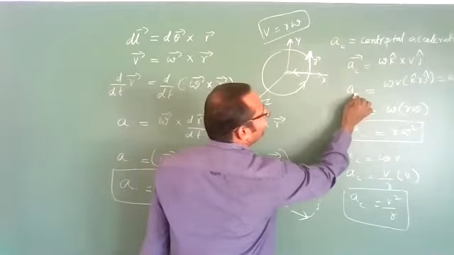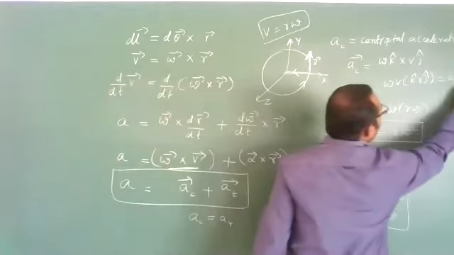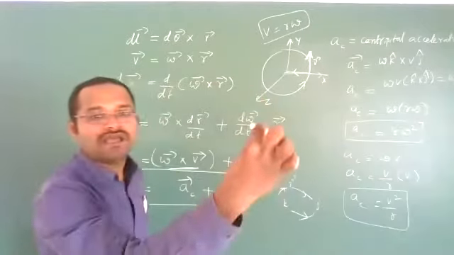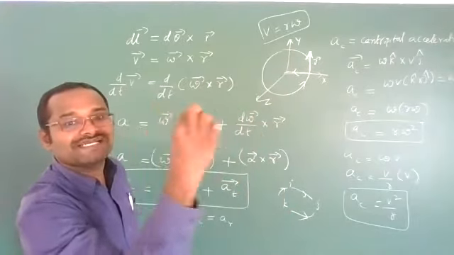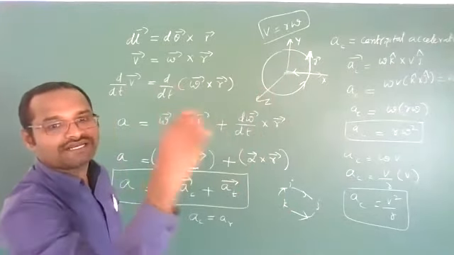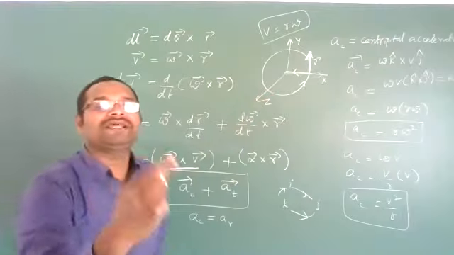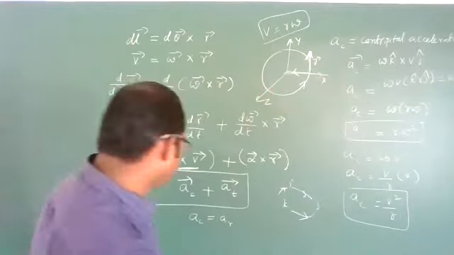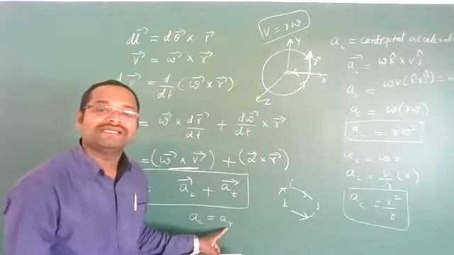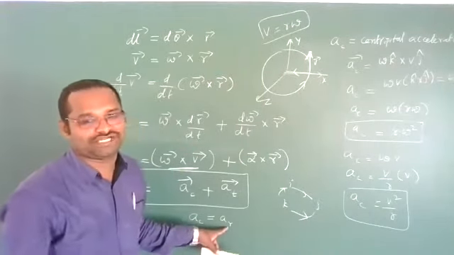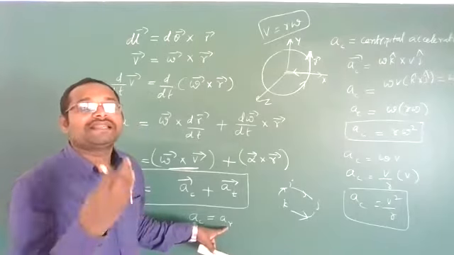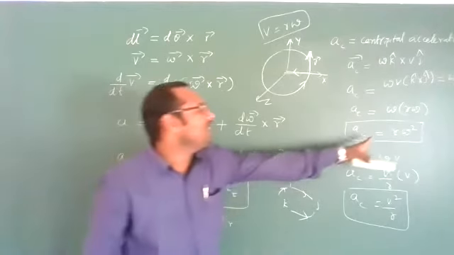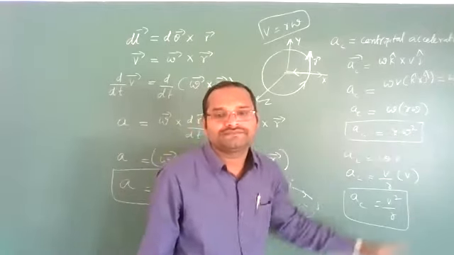So your acceleration direction should be along the negative y-axis, towards the center, along the radius vector. So centripetal acceleration is always towards the center, along the radius. That's why I am calling it radial acceleration. AR means radial acceleration, and the value is r omega square.